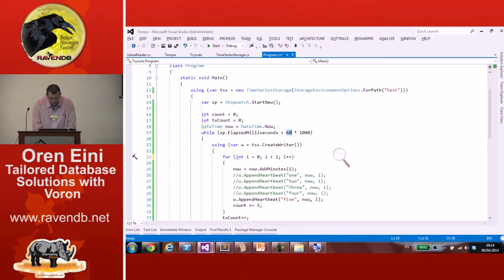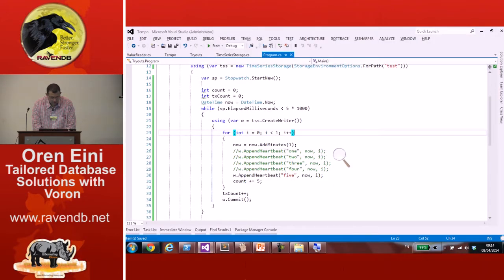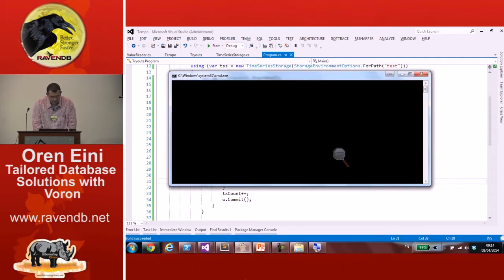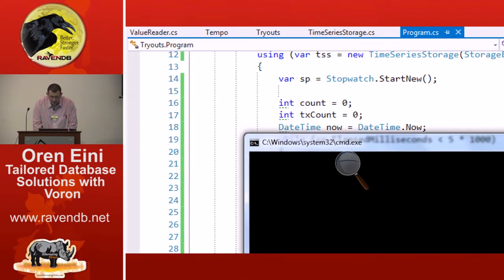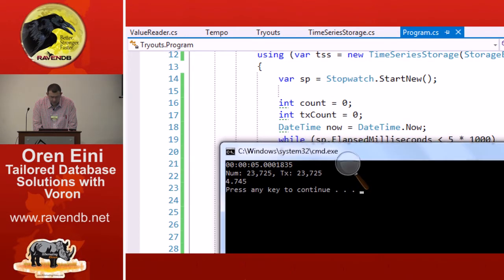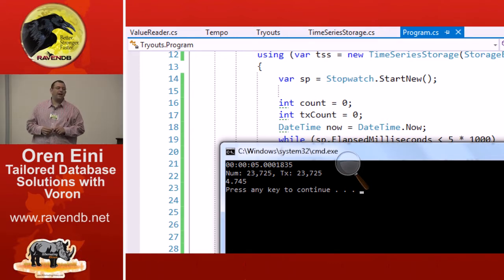And now I want to make it just 5 seconds. Yes, 5 seconds. And now we are down all the way to 4 writes per millisecond.